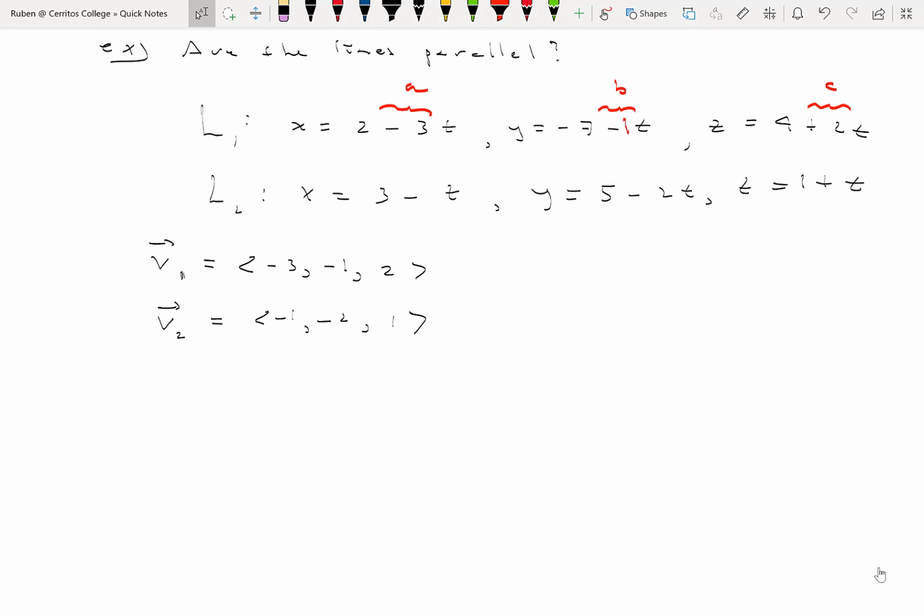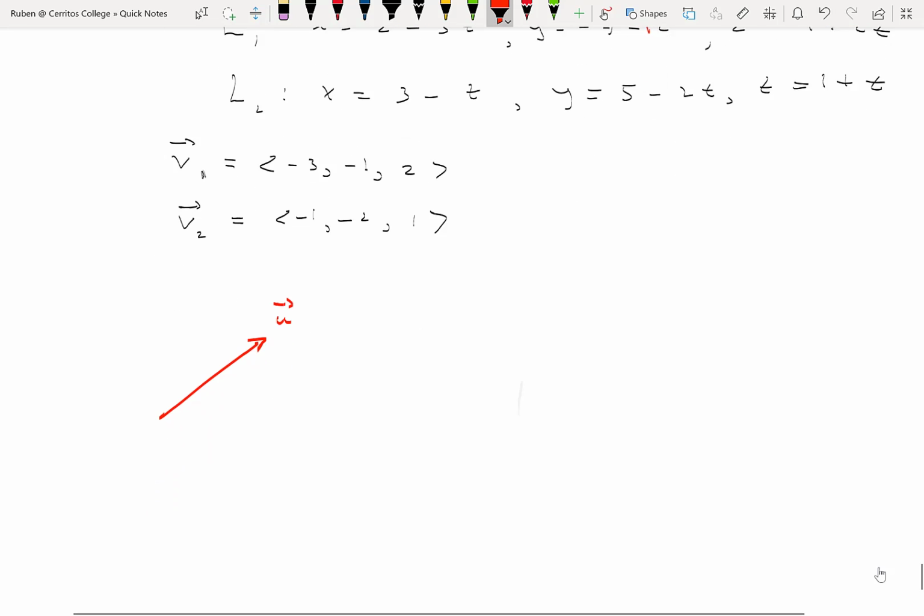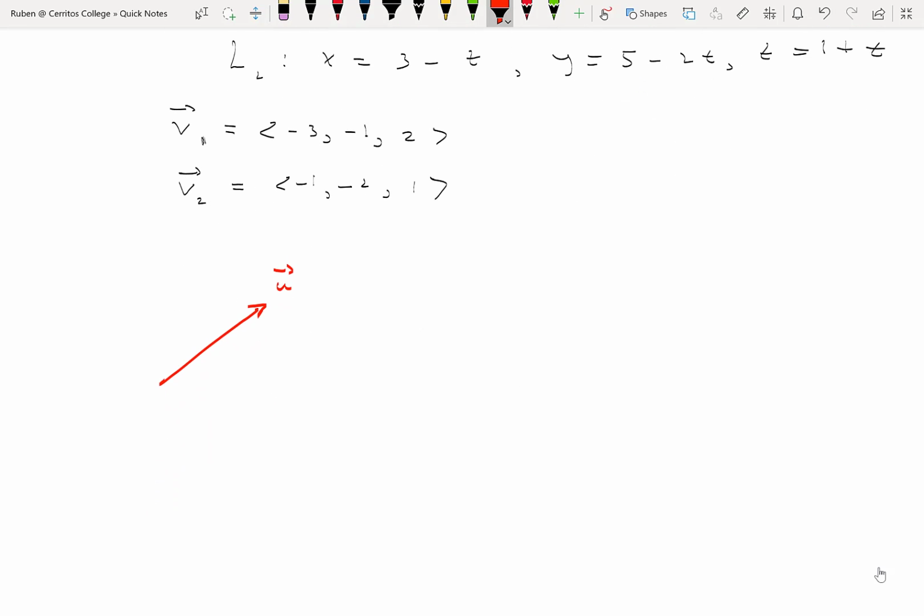Okay, so let's take a look at that in general. Suppose I have this vector, and let's say that this is the vector u. And let's say the vector v is this vector. These two vectors are, in fact, parallel.